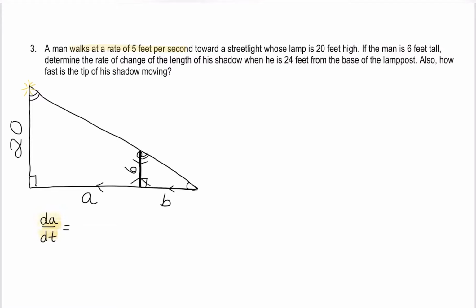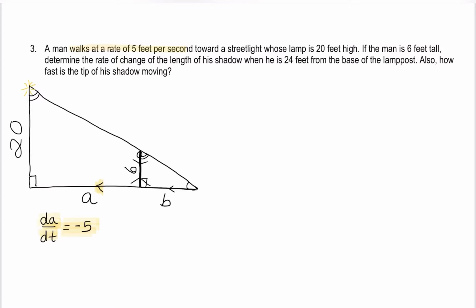But because A is getting smaller, we have to label this with a negative. So that speed is negative 5 feet per second. All right, so that's the dA dt.